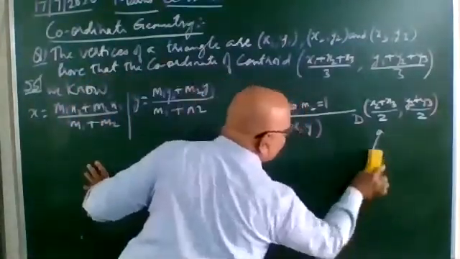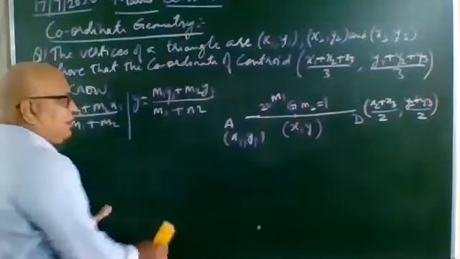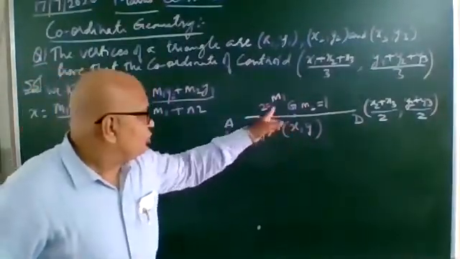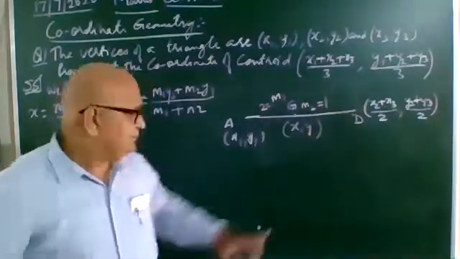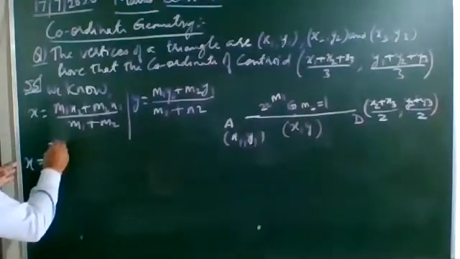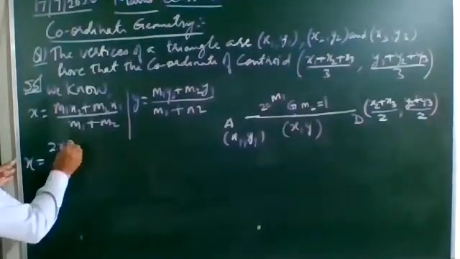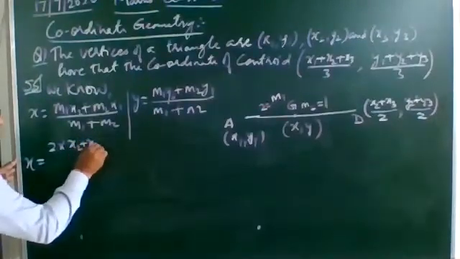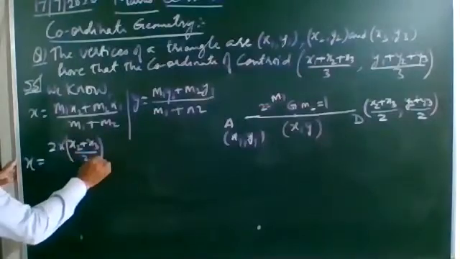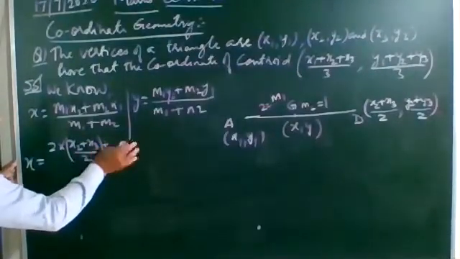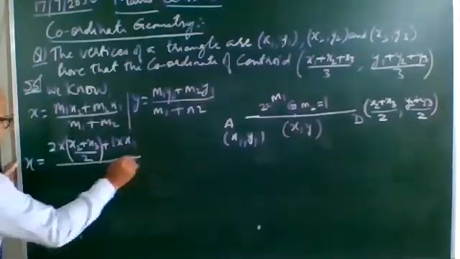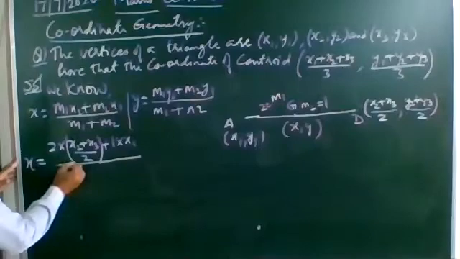You have to find out this. So what you will say? 2 into x2 plus x3 upon 2. If you write it otherwise, it is wrong, so have a practice of writing like this, plus 1 into x1, and the upon line should be in front of the equal sign.